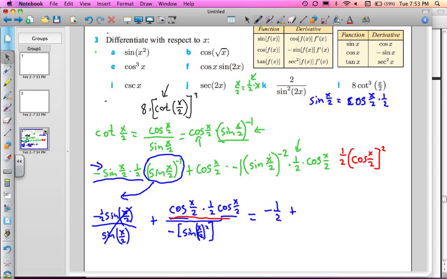So it's plus 1/2 times cosine of x over 2 squared, divided by negative sine squared x over 2.